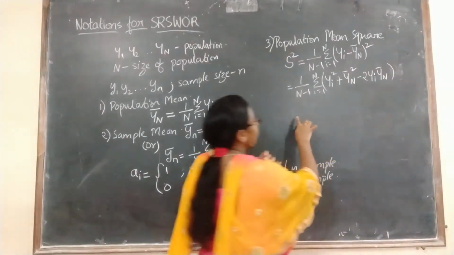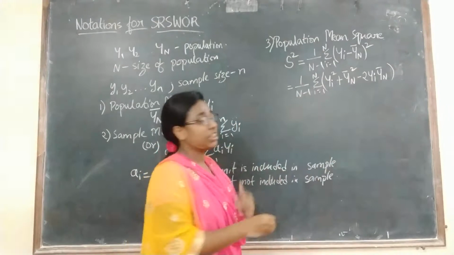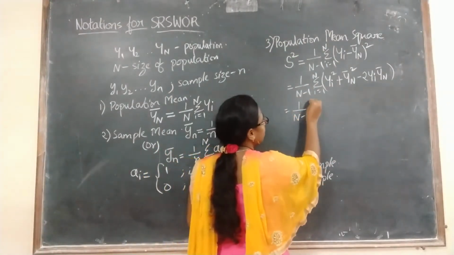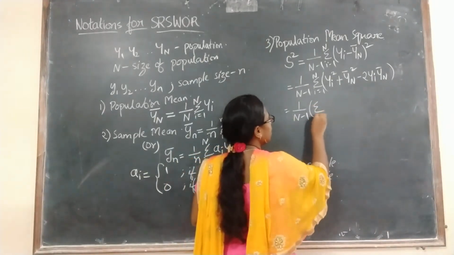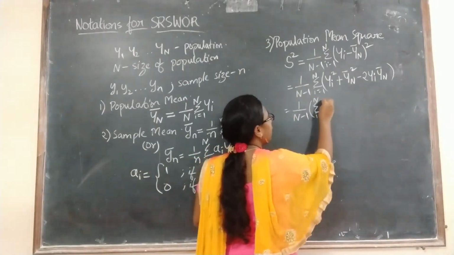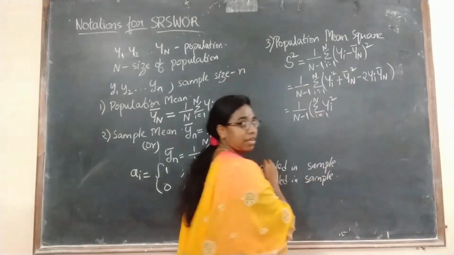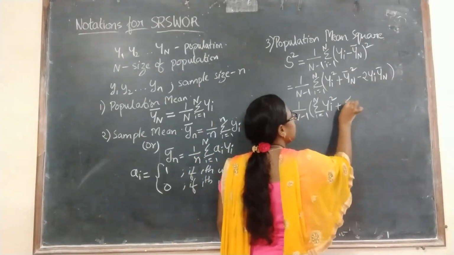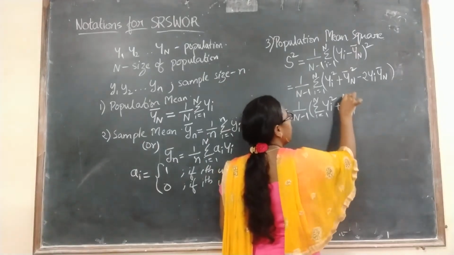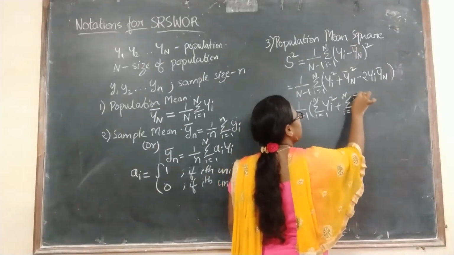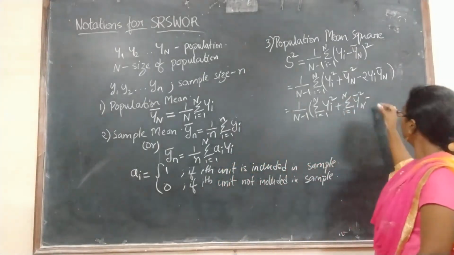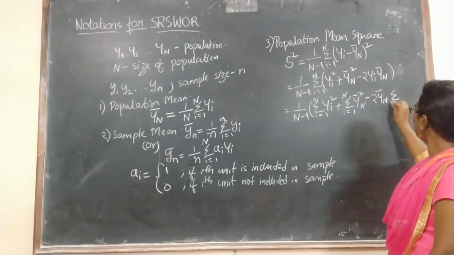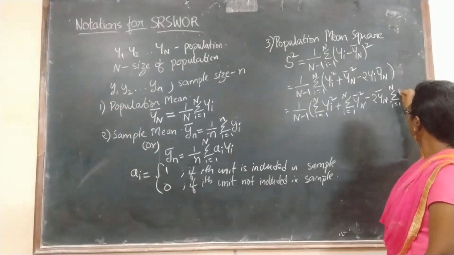After this, multiply summation inside: 1 by N minus 1, summation i equals 1 to N yi square plus summation i equals 1 to N y N bar square minus 2 into y N bar summation i equals 1 to N yi.